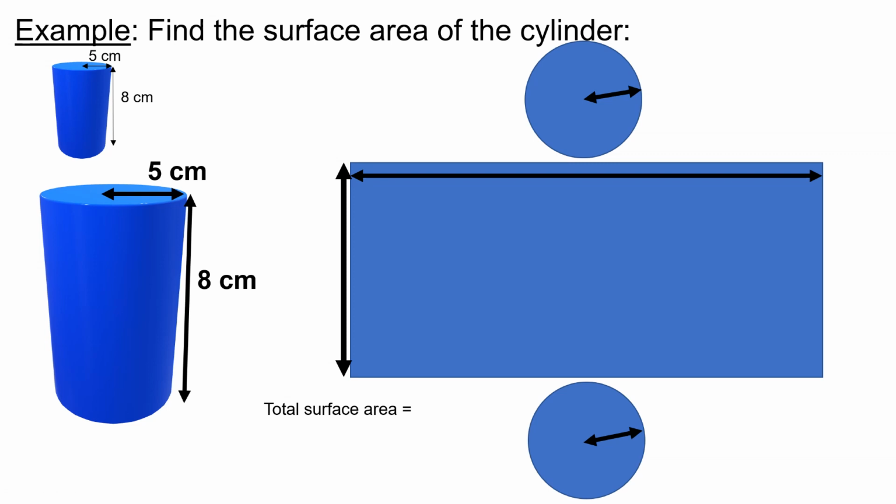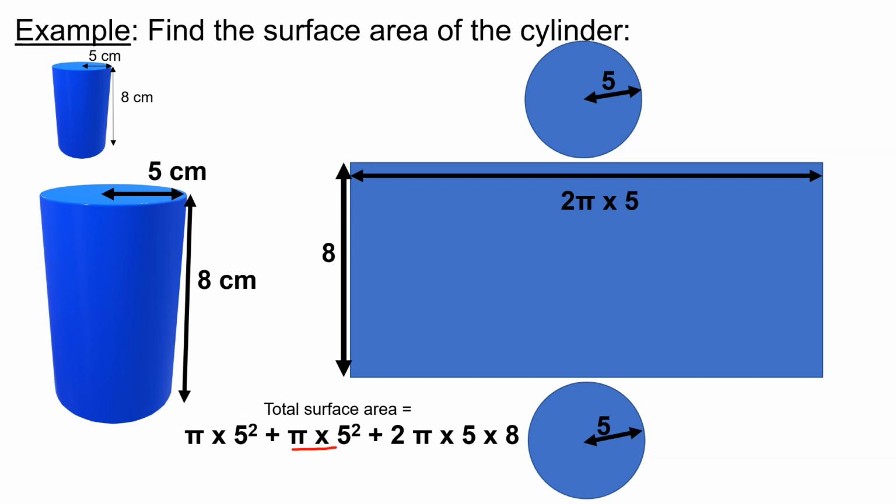We know the radius of the circle is 5, so I can fill that in. We know that the length of the middle section is 2 pi times 5, which is 10 pi. And we know that the height of the middle section is also 8. I can now work out the individual areas. So the area of one of the circles is pi times 5 squared.